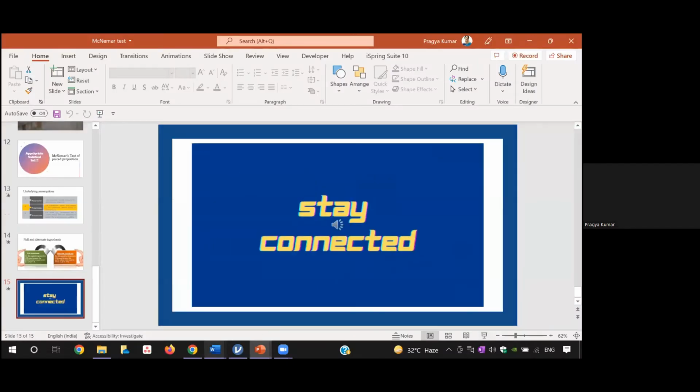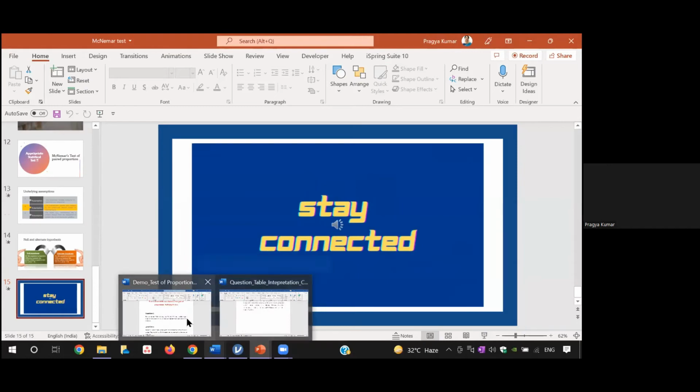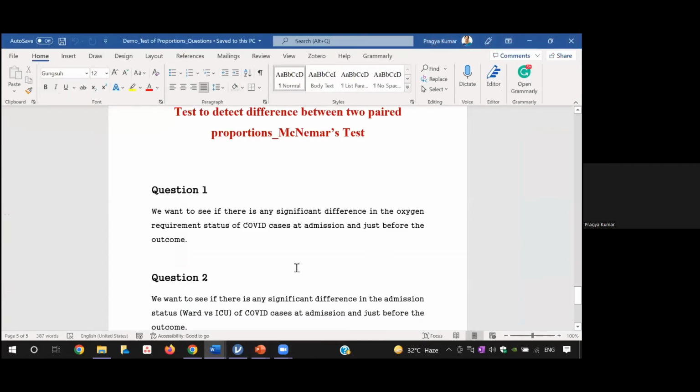The research question to test with the McNemar test: I want to test any significant difference in the oxygen requirement status of COVID cases at the time of admission and just before the outcome. This was the same set of 180 individuals, where the oxygen requirement, yes or no, was recorded at the time of admission and just before the outcome, meaning discharge or death. So this was one question.